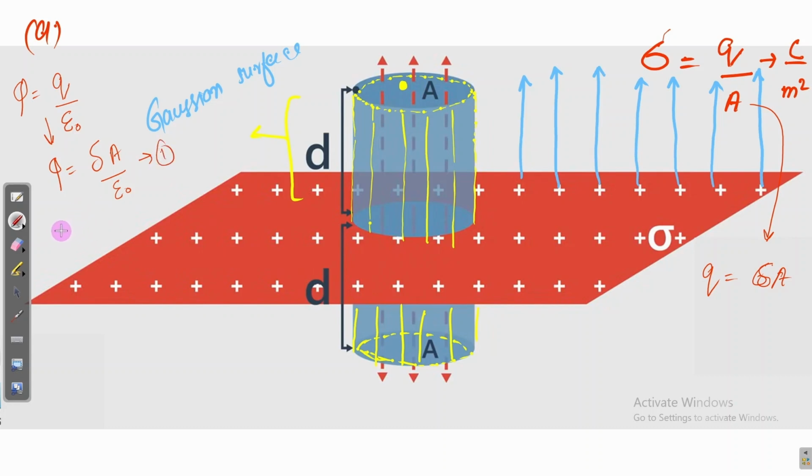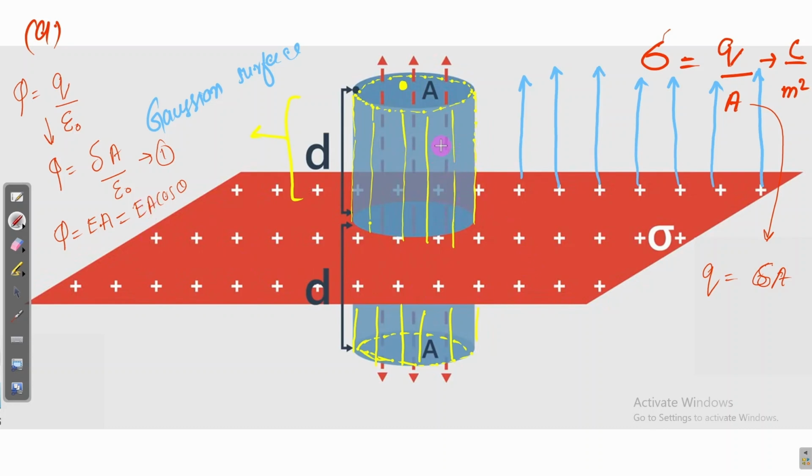The flux is defined as the number of electric field lines that pass through an area, and it is the dot product between the electric field and the area, which is equal to E A cos theta. So phi is equal to E A cos theta, where E is the electric field intensity, A is the area, and theta is the angle between the electric field intensity and the area A.